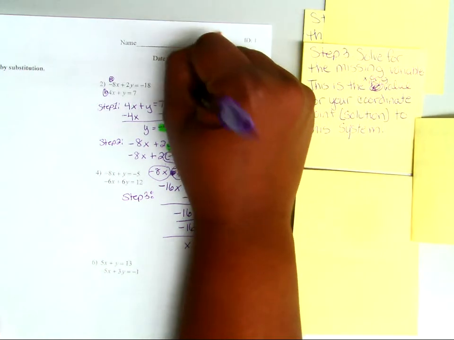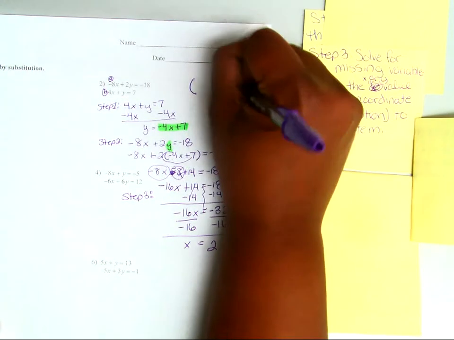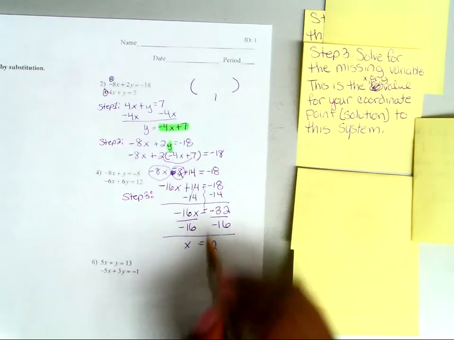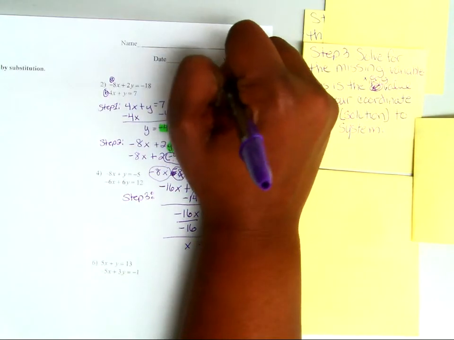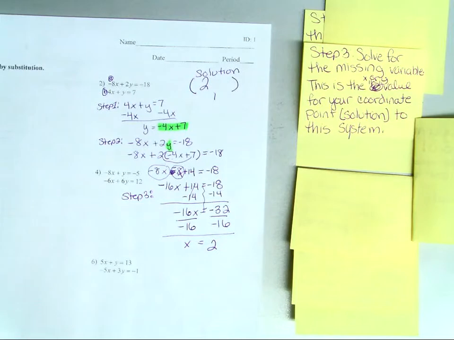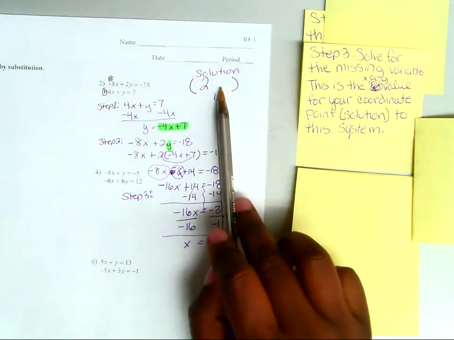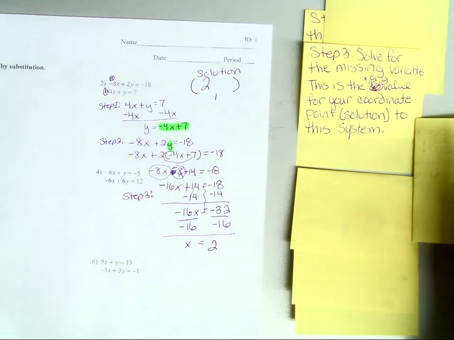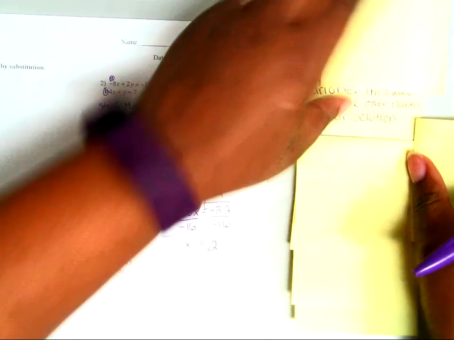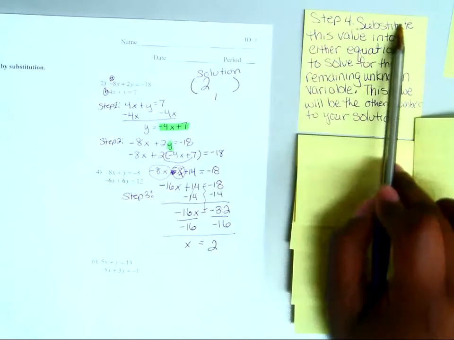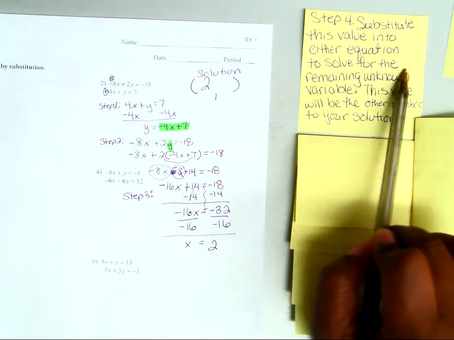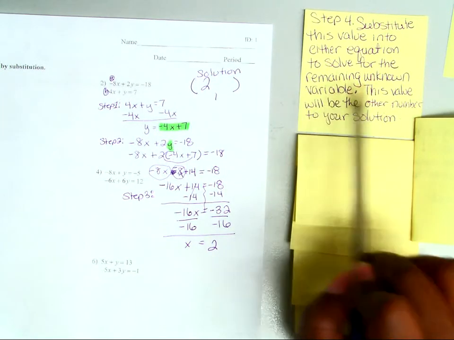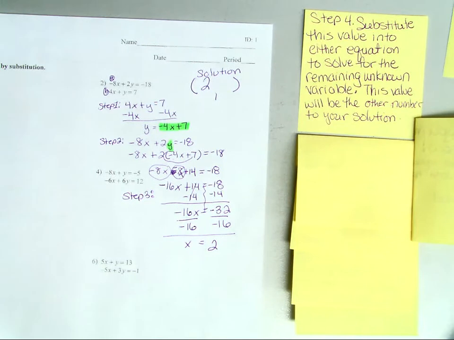So I'll put a parenthesis up here, comma. So I know x equals 2. That's my first part of my solution. All right, now I need to find the other part. I'm missing the y value. Step 4 tells me I need to substitute this value into either equation to solve for the remaining unknown variable. This value will be my other number.